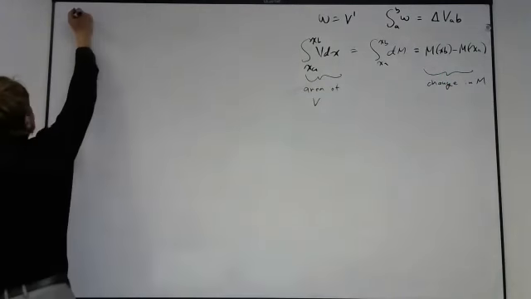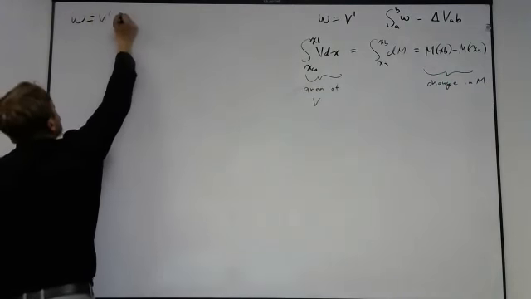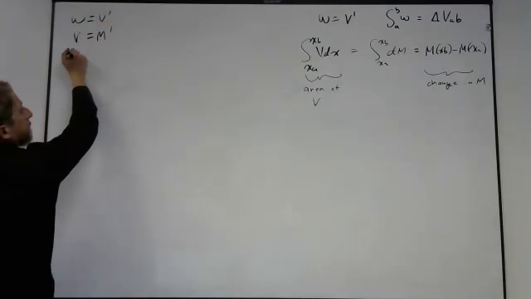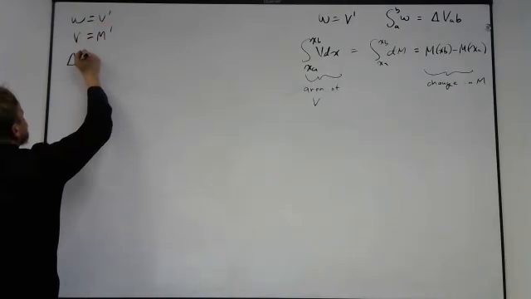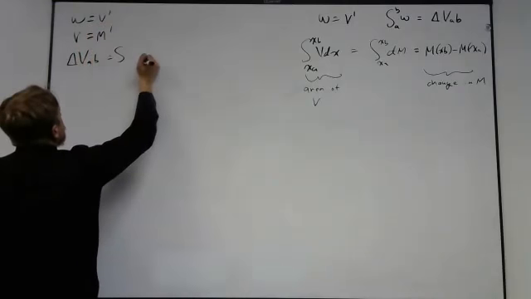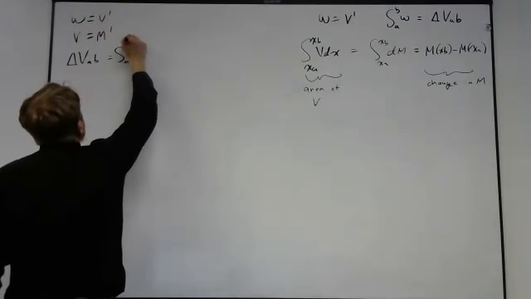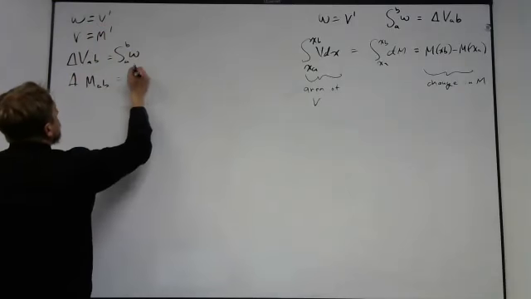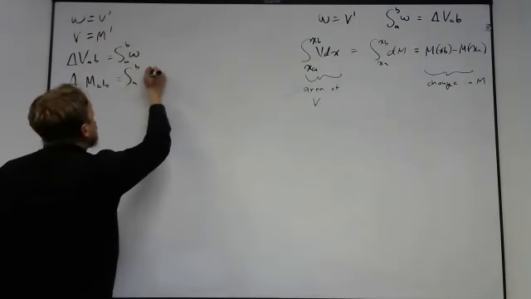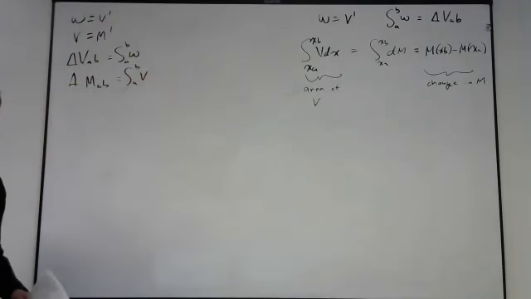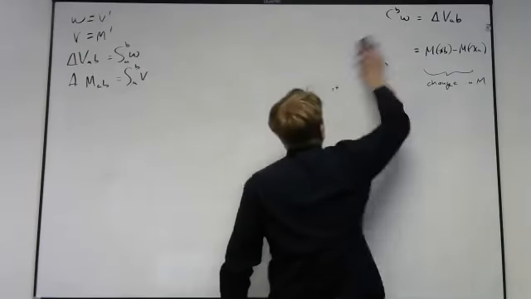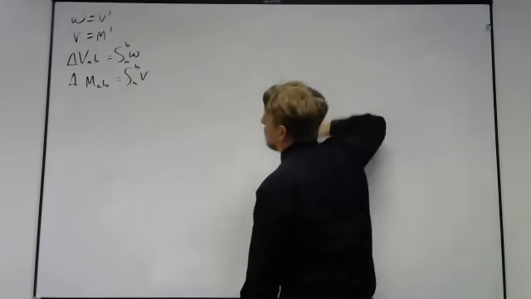Okay, our second set of formulas that we'll be using, I can write succinctly like that. I'll put them up here. W is V prime, and V is M prime. Delta V AB is equal to the integration of W from A to B. Delta M AB, this is what we just did, is the integration from A to B of V. You'll see why I'm not being very concise with the notation, because I'm going to treat these as areas.